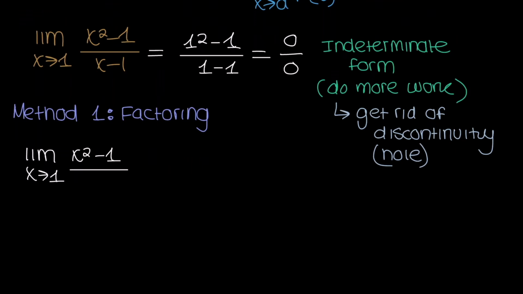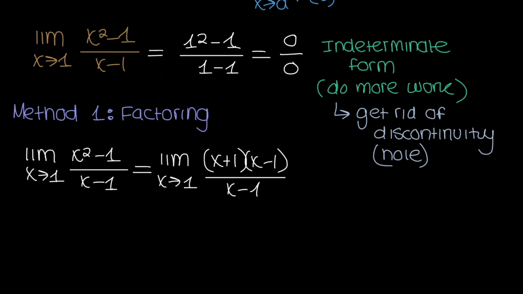We're going to look at the same exact limit, x squared minus 1 over x minus 1, and then we're going to factor it. So let's try factoring. We have x plus 1 times x minus 1 over x minus 1. We found our hole, and we can cross the hole out. When we cross it out, we have to continue our notation properly. Now we can try direct substitution.